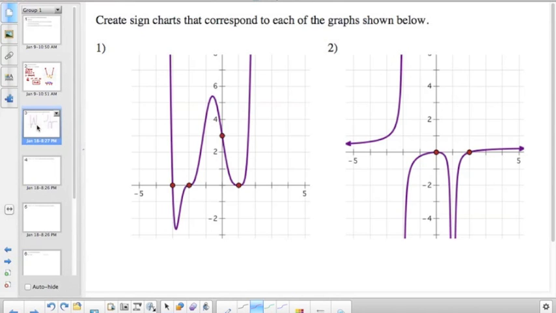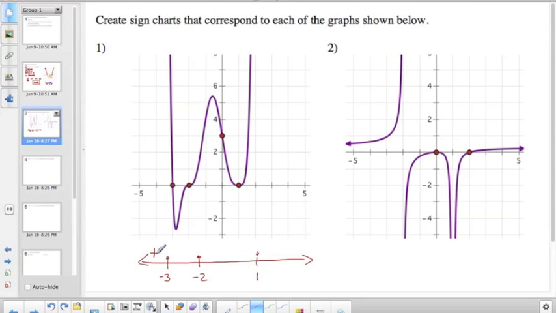For number 1, we see that we have zeros at negative 3, another one at negative 2, and then another one at 1. I put little dots above there so that I know that those are zeros. To the left of negative 3, we can see it's positive.